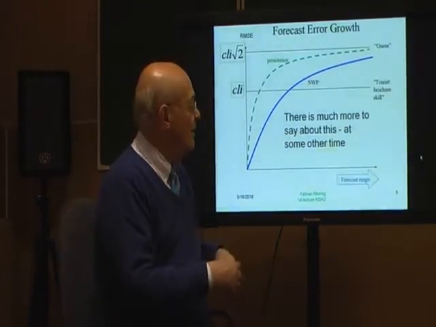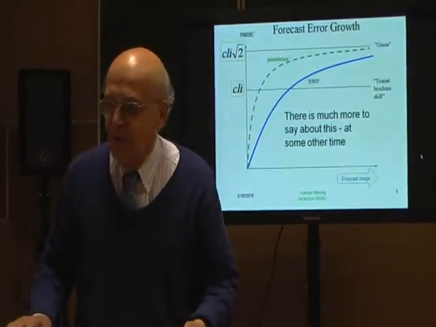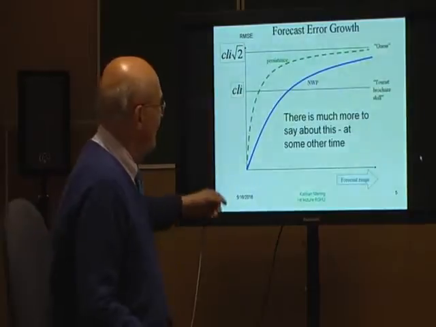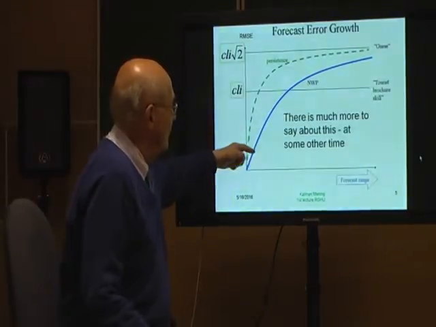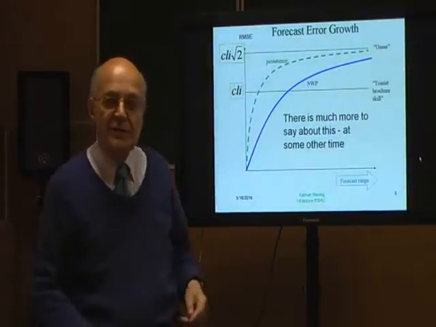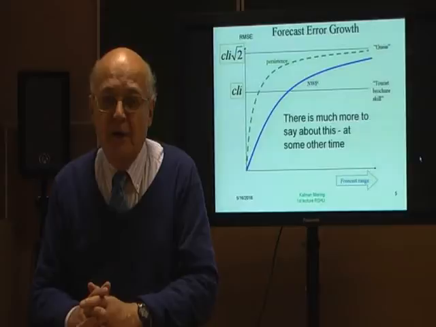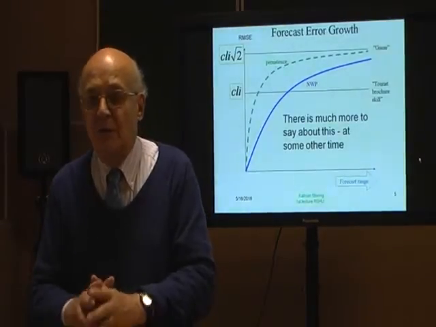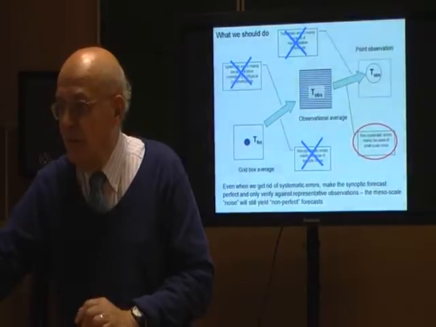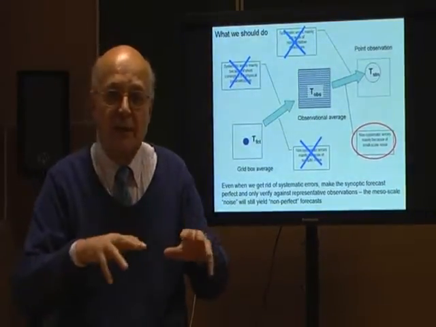So these are the error developments of non-systematic errors, and in the following I will work on forecasts which are in the very short range, where you can more or less ignore this large error growth and concentrate on the other aspects. The second non-systematic error is the small-scale variability.